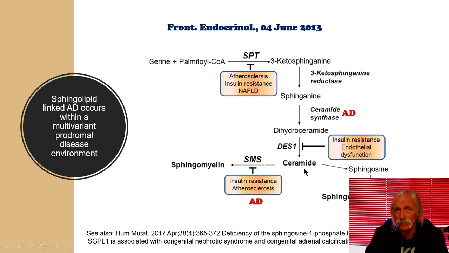Remember, ceramide is a programmed death signal. So, for example, if you get cardiac hypertrophy, which is associated with obesity, you don't want a lot of fibrogenesis in the heart, and ceramide would block that or remove those cells. Here you're getting a blocking of the synthesis of ceramide in those diseases.